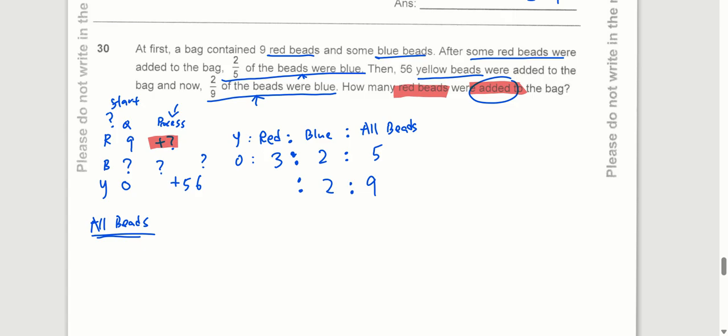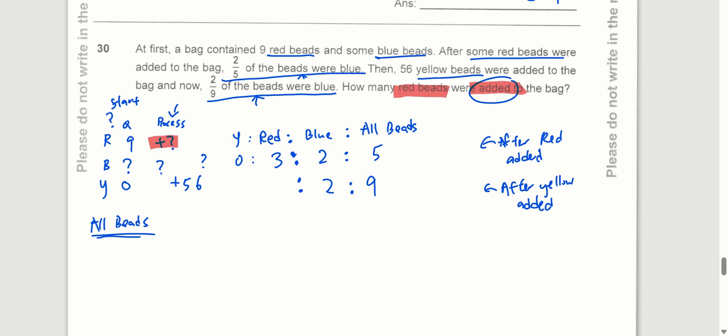So first of all, the blue bits didn't change. So looking at the ratio comparison here, this was the after reds added, and this after yellows added.